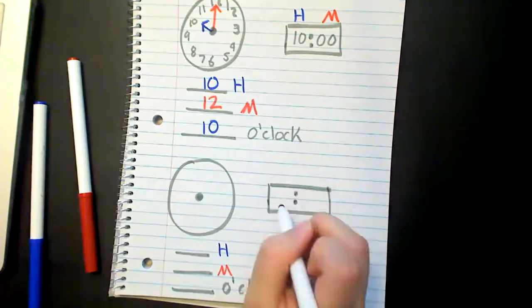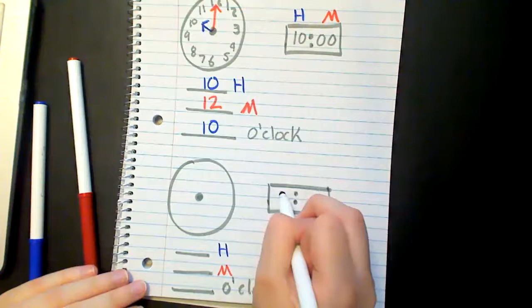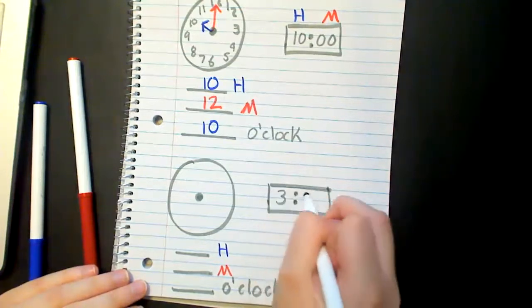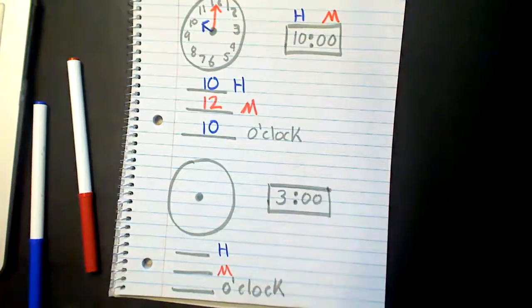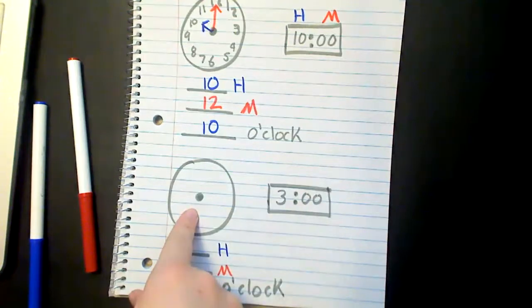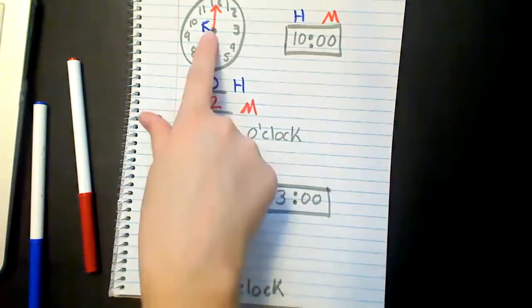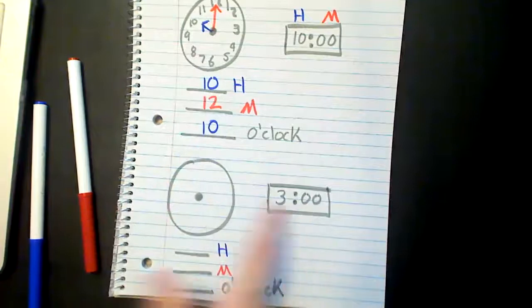Then in here, I'm gonna write, let's do 3 o'clock. Then what I want you to do is write this on this side on your analog clock and make the arrows to show 3 o'clock.